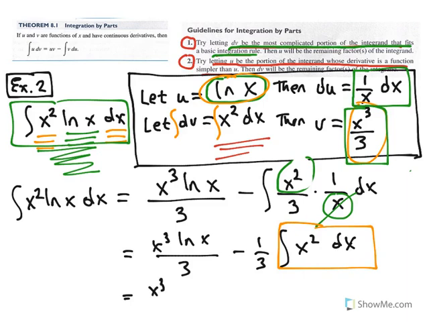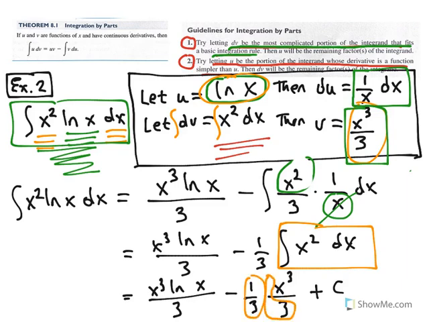So we have x cubed natural log of x over 3 minus 1/3. And the antiderivative here would be add 1 to the exponent and divide by the new exponent plus the constant of integration. And of course, you can multiply the 1/3 here with the 1/3 here to get 1/9.